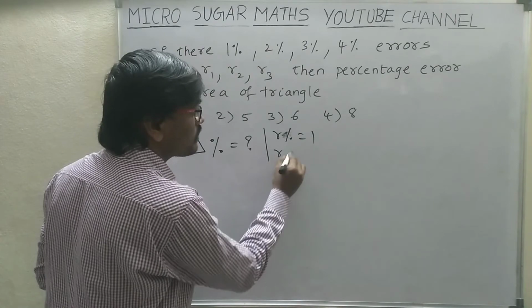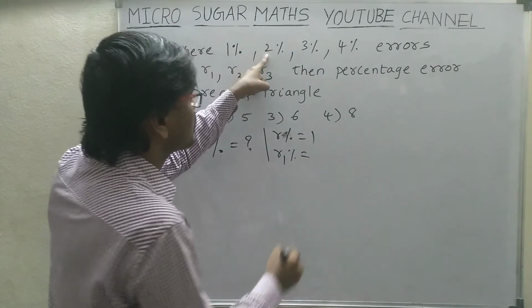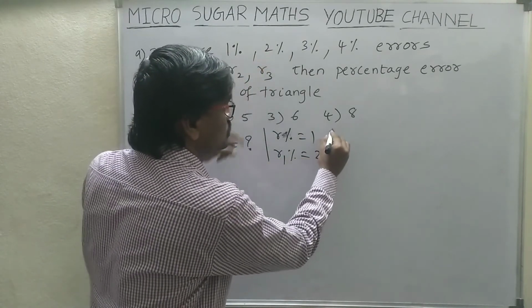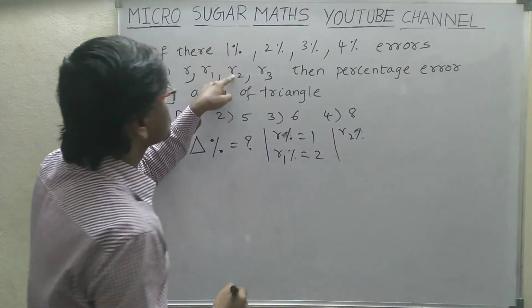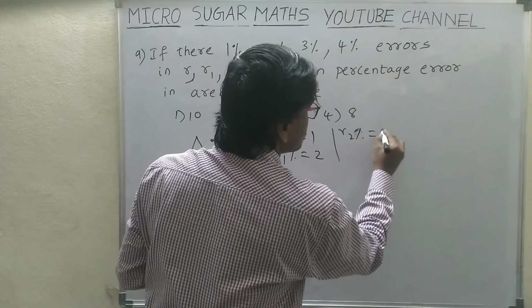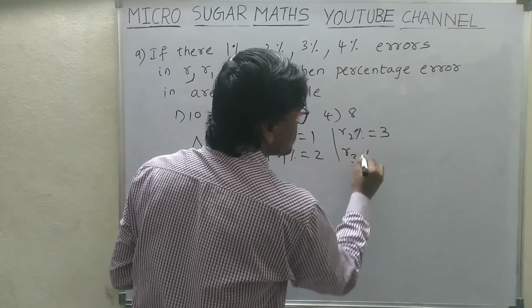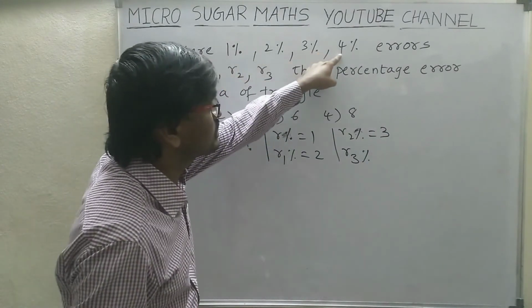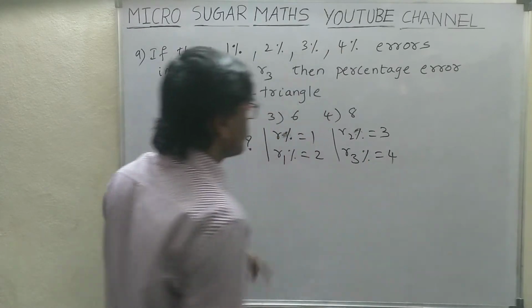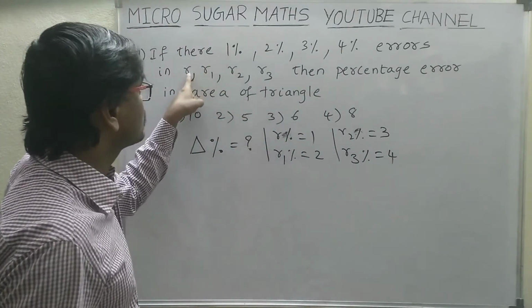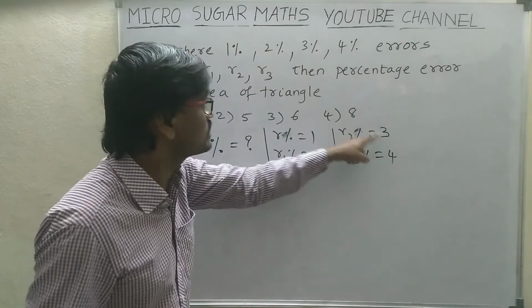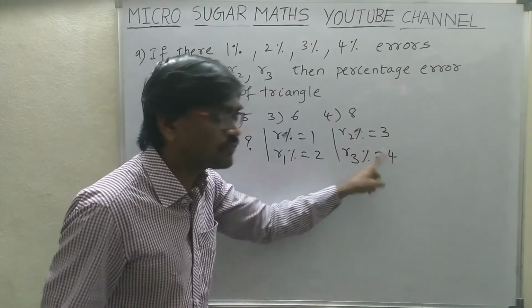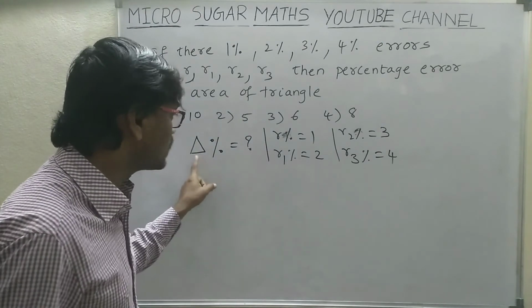The r1 percentage value is 2. The r2 percentage value is 3. The r3 percentage is given as 4. Now we need delta percentage.